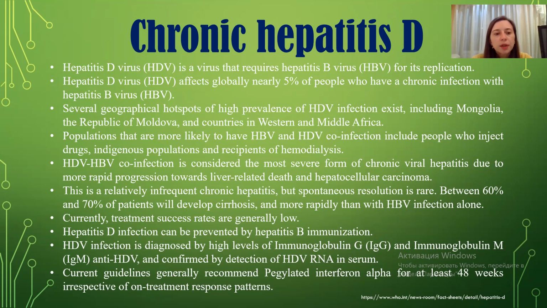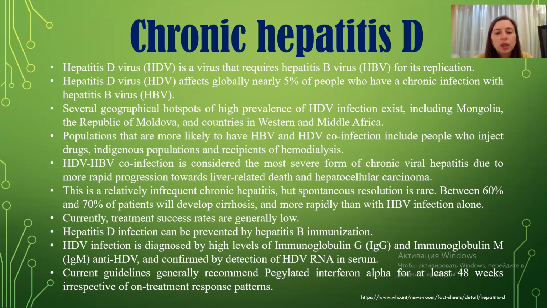Between 60% and 70% will develop cirrhosis, and more rapidly than with HBV infection. Currently, treatment success rate is generally low. Hepatitis D infection can be prevented by hepatitis B immunization.